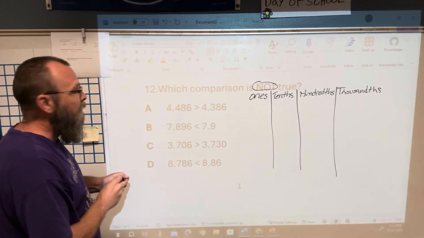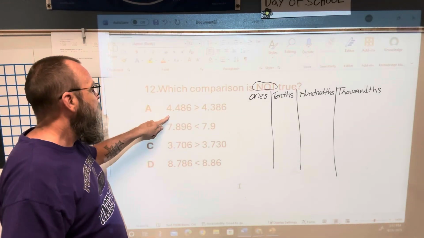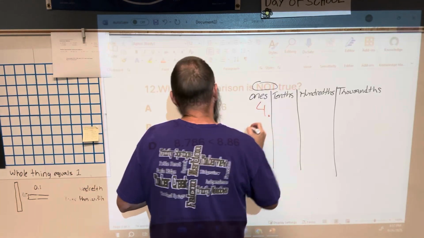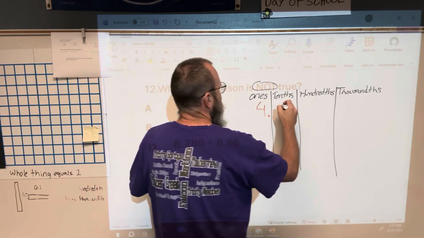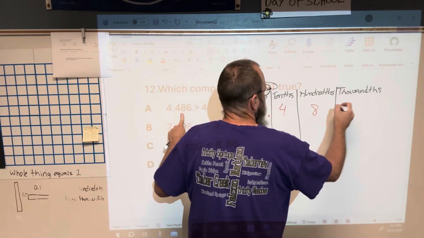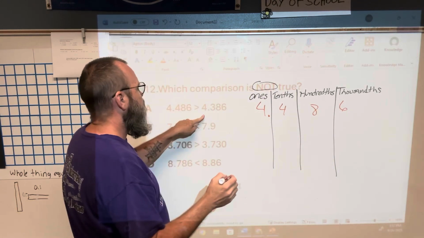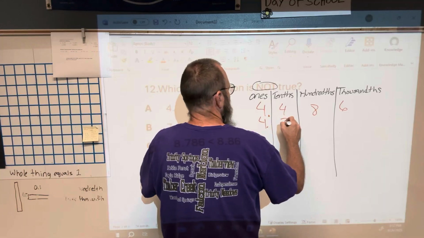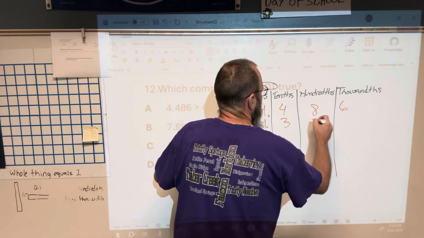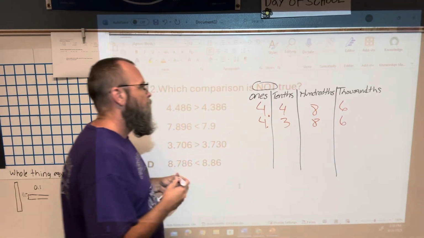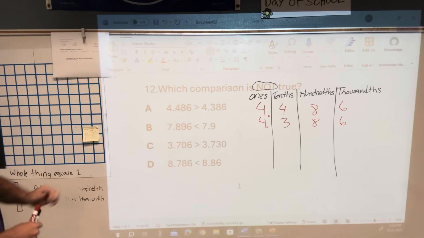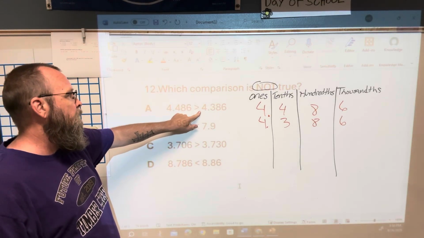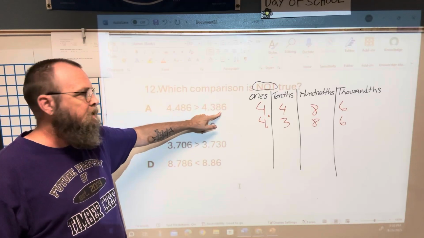So if I take A, and I'm only taking A, and I make it 4.486, and then I look at 4.386, and I'm trying to see if 4 and 486 thousandths is greater than 4 and 386 thousandths.